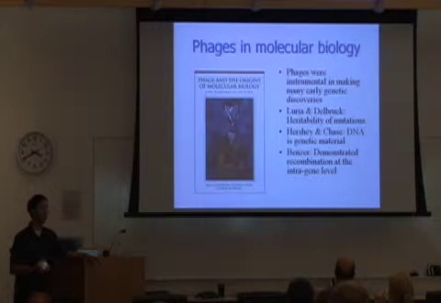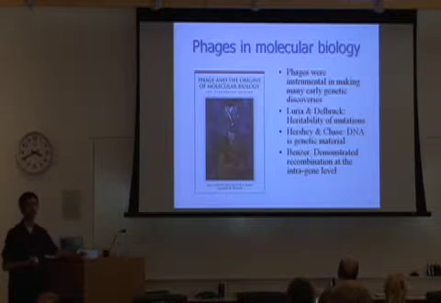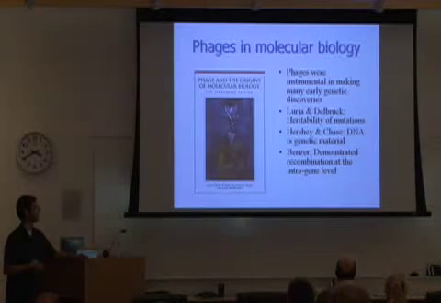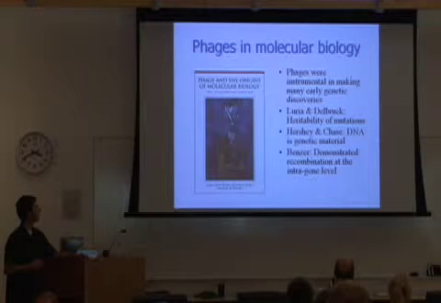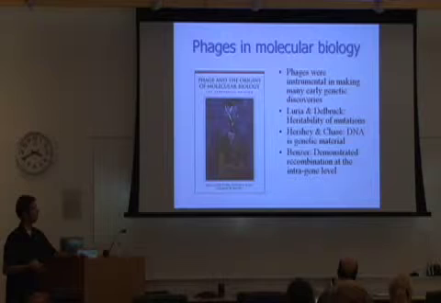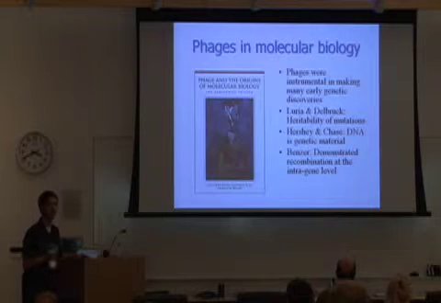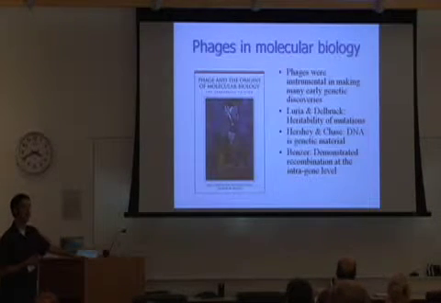But phages were instrumental in making most of the early genetic discoveries, like the nature of genetic material. So the work by Luria and Delbrück, their paper, the original fluctuation test, used phage T2 as their selection agent in order to determine the heritability of genetic mutations in bacteria.